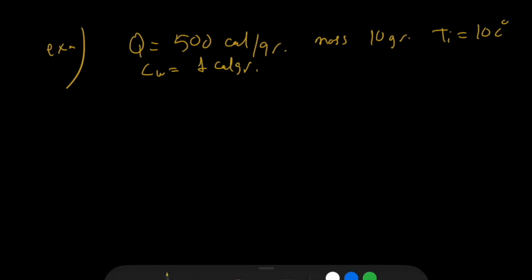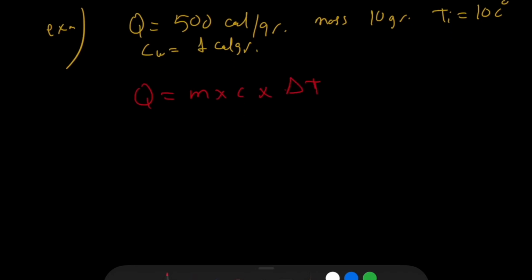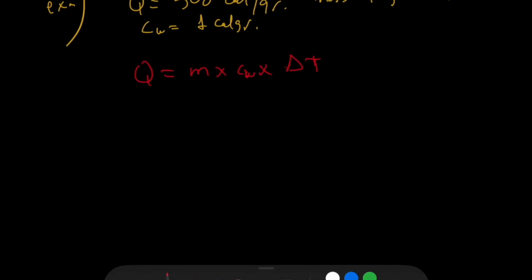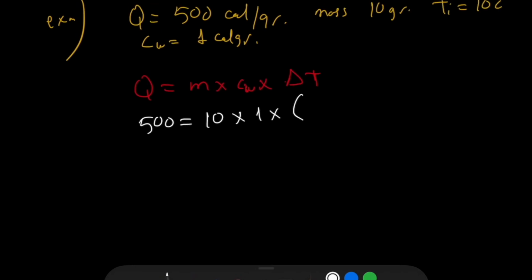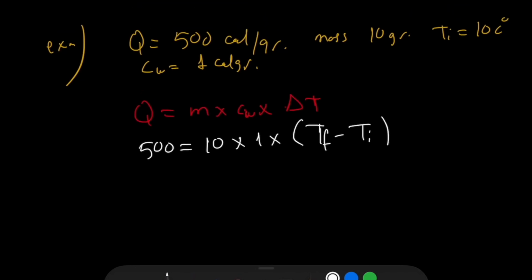Okay, Q equals mc delta T. C water. Q is 500, m is 10, c is 1. Now this is delta T, T final minus T initial. Okay, we know T initial, T initial is 10.